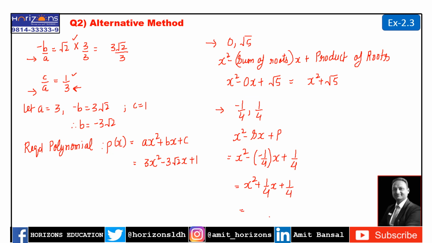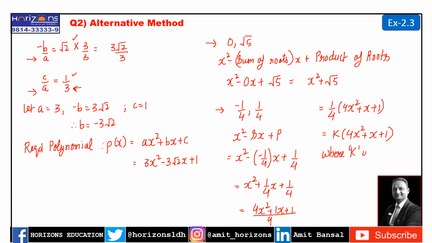Taking 4 as LCM, we get 4x square plus x plus 1. So again 1 by 4 into 4x square plus x plus 1, and I will replace this 1 by 4 by k, because it can be any real number, not just 1 by 4 only, right?